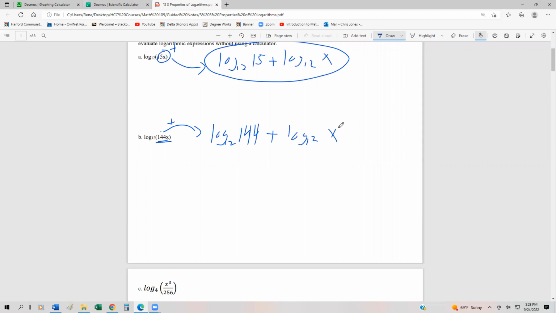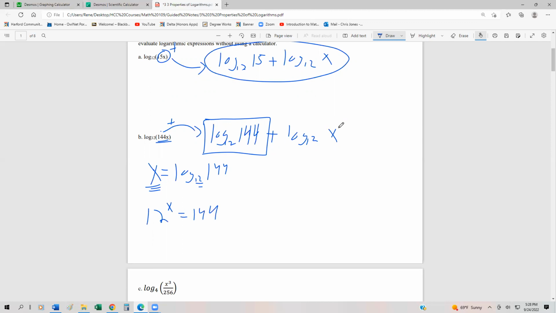Now, how this problem is different is that this statement is evaluable, or we can simplify it. Remember what we did. We set x equal to log base 12 of 144, remembering the phrase that a logarithm is an exponent. So x is the exponent, 12 is the base. So 12 to the x is 144.